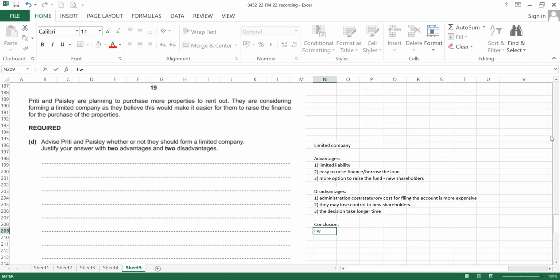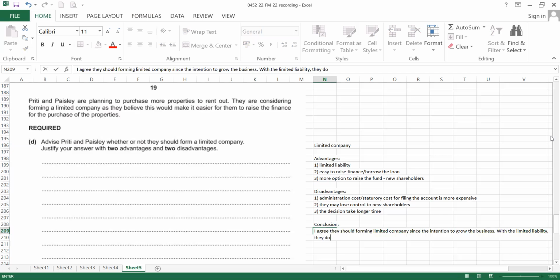I agree they should form a limited company since the intention is to grow the business with limited liability.